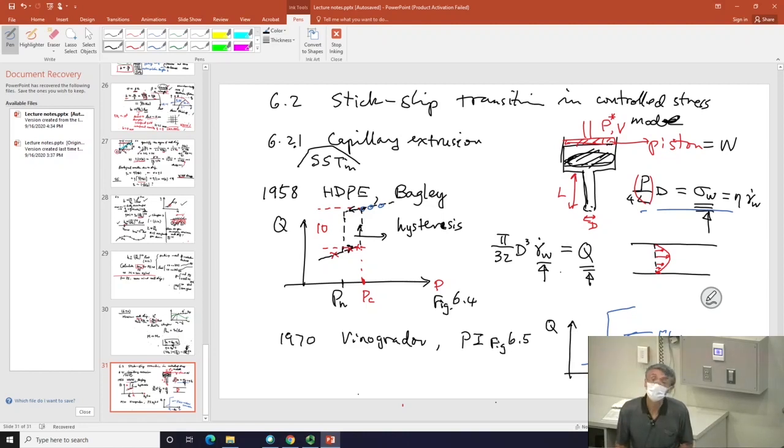They did not report a hysteresis loop. I wonder at what point I will say anything about that. Let me come back to it. It's the matter of hysteresis and the matter of this interpretation.